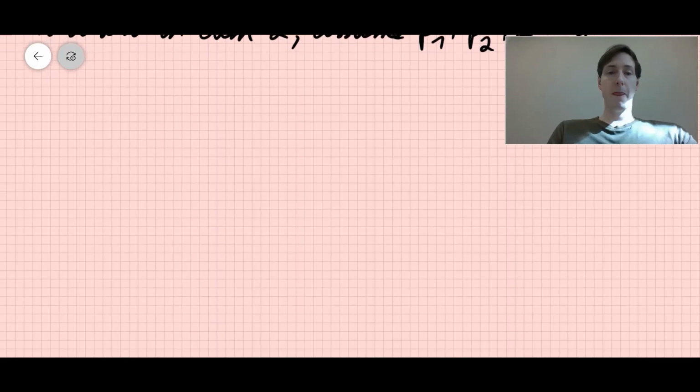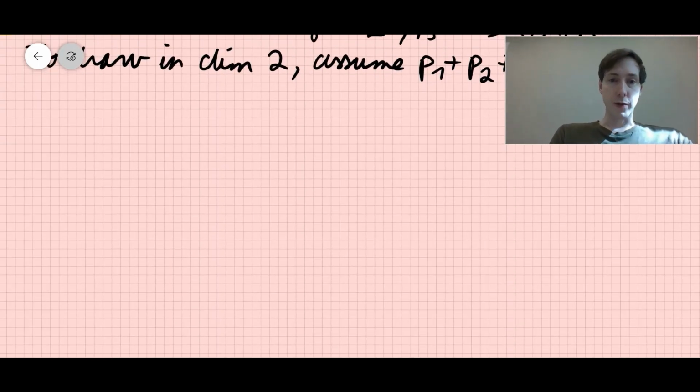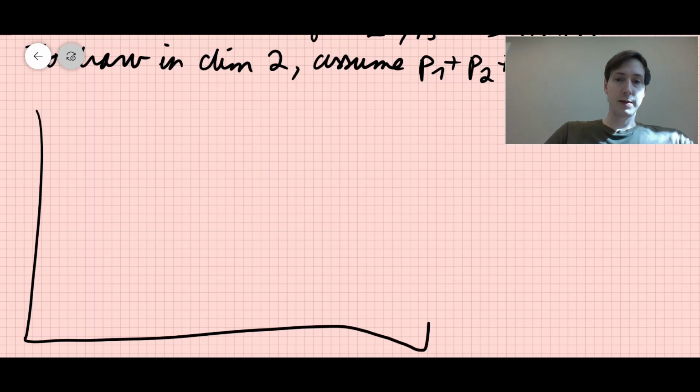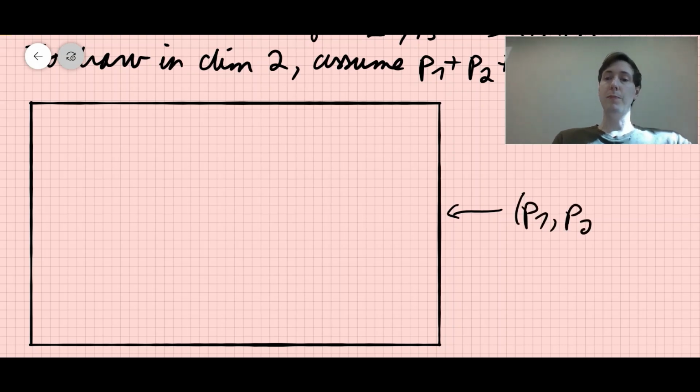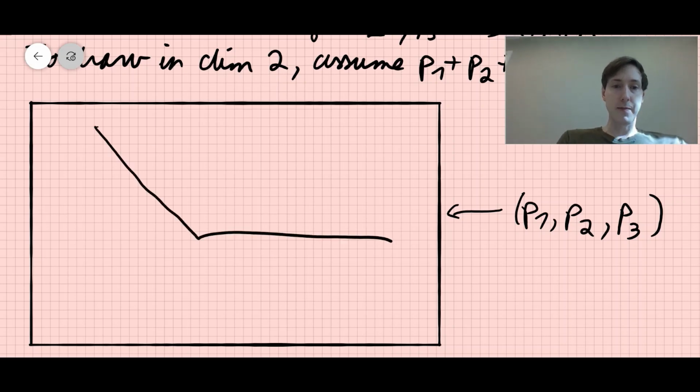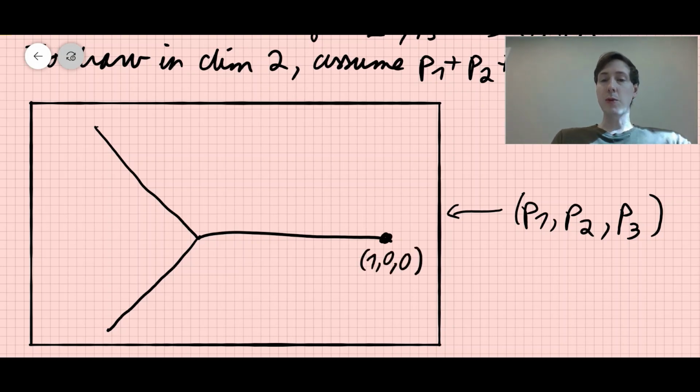So let's draw. This is my space of tuples P1, P2, P3. Because I assume that P1 plus P2 plus P3 is equal to 1, what I have is a simplex. Let me draw it like this, where this point corresponds to (1, 0, 0). This point means that action 1 has probability 1 of giving a 1, and actions 2 and 3 have probability 0 of giving a 1.